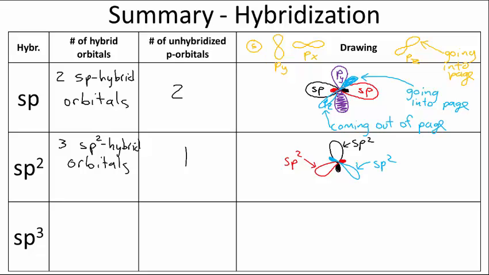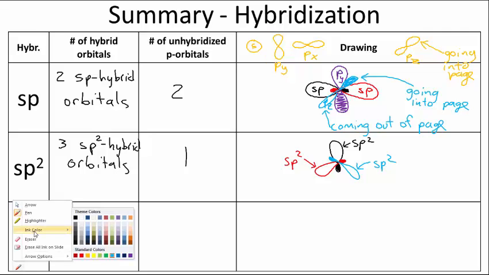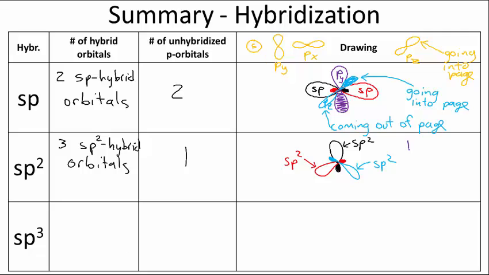They point in a triangle, and I would still have the pz orbital left over going into and out of the page. That's going to be hard to draw. I've got a model of this as well.